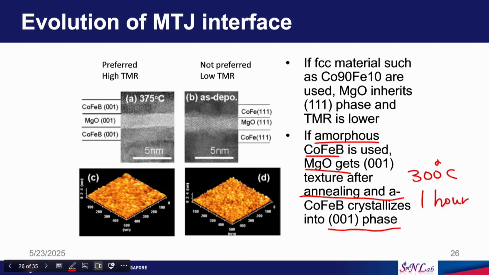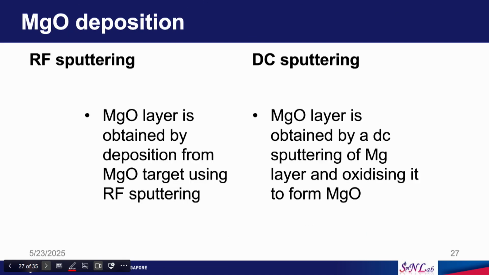So, the boron will go away, finally you will have cobalt iron 001 phase. So, this is the procedure followed in the industry. For the industry production, there are two types of magnesium oxide deposition.